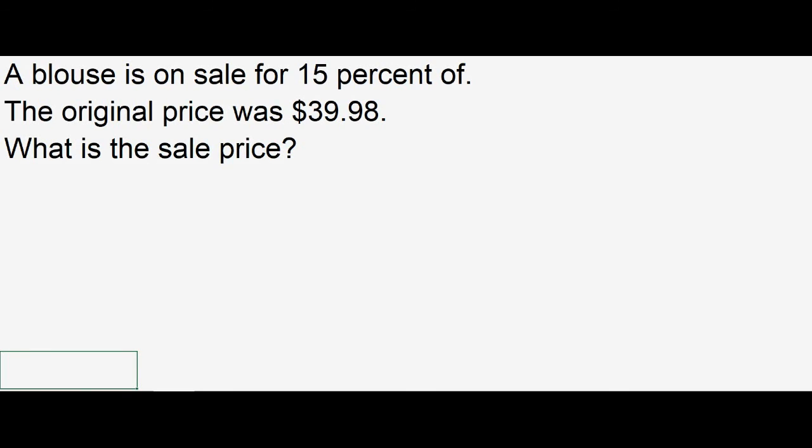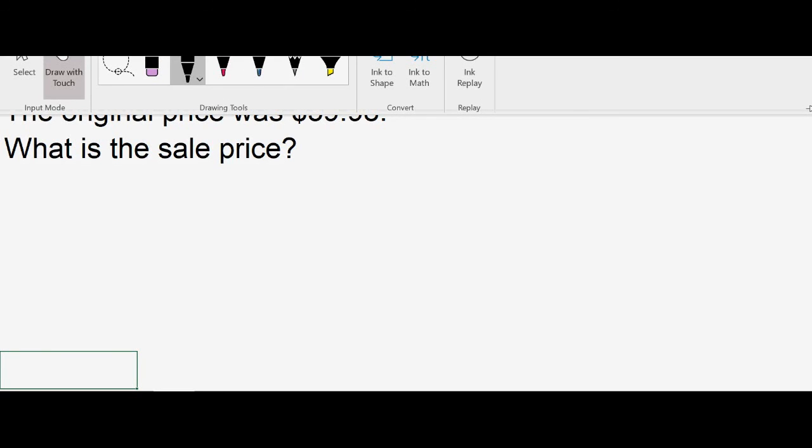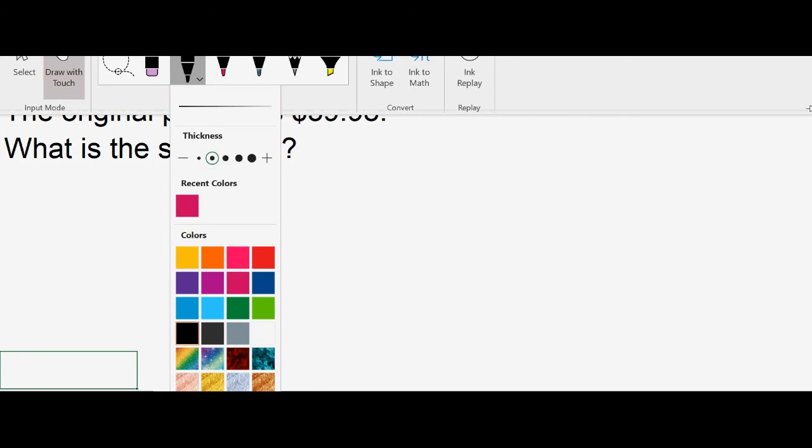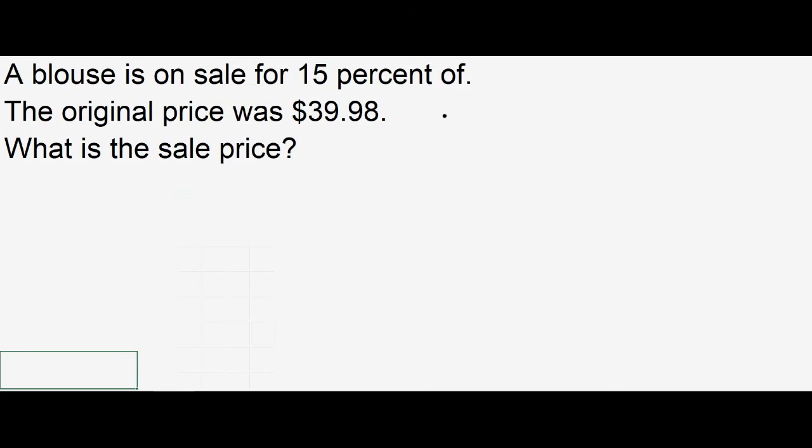One of the most common is sale items. We have 15% off. So if I want to know how much I take off, I do 39.98 times 0.15. We'll just automatically change it to a decimal.